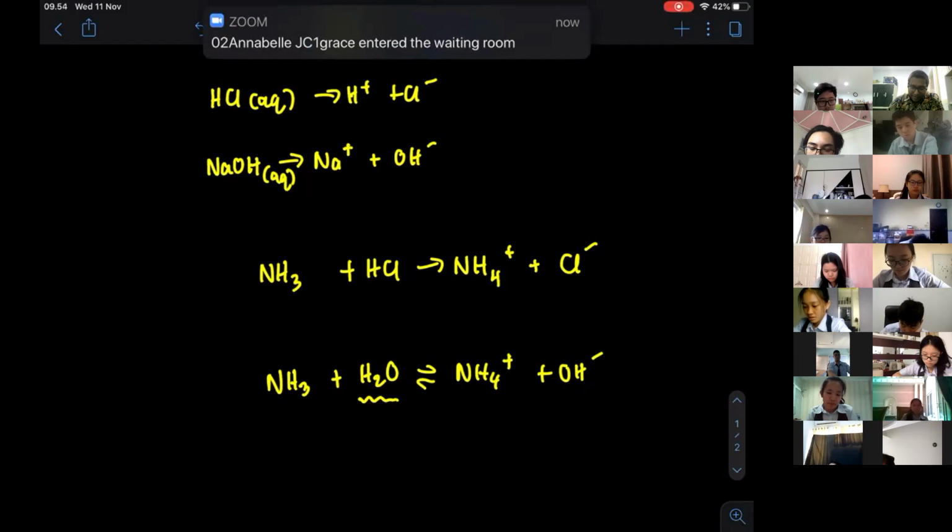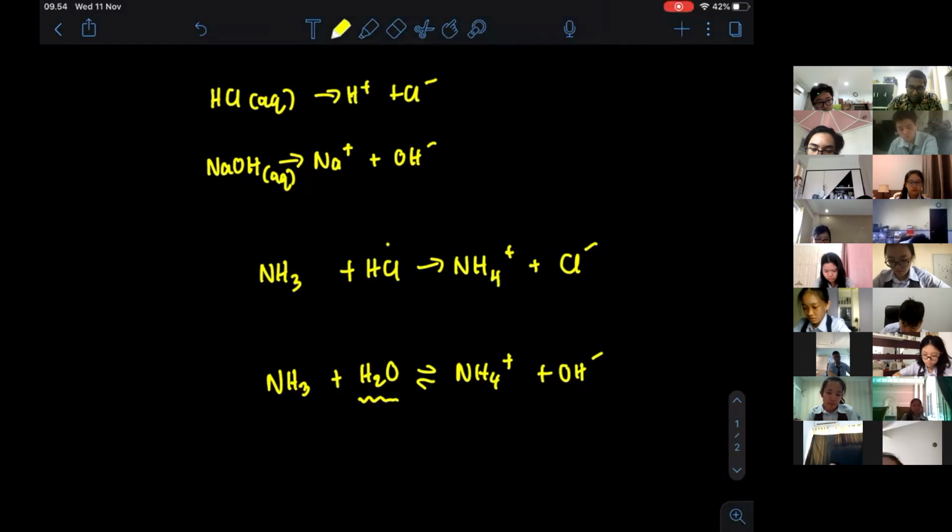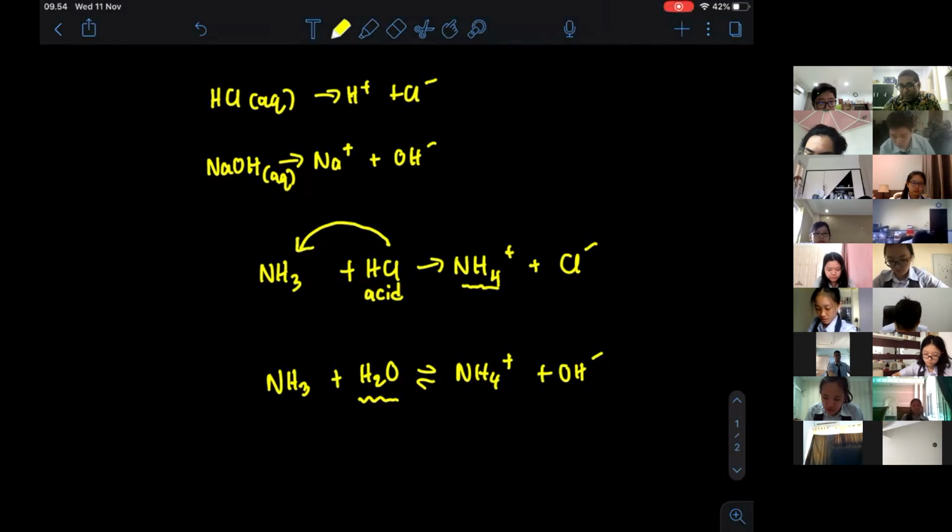When ammonia reacts with acid, ammonia is receiving H+ from HCl. So the HCl is a proton donor, which is an acid according to Bronsted-Lowry, and ammonia, receiving the H+, we call a base. It's a proton acceptor. So this is a better definition.